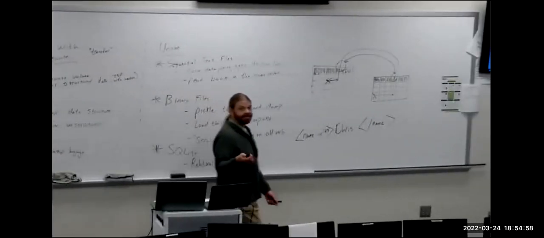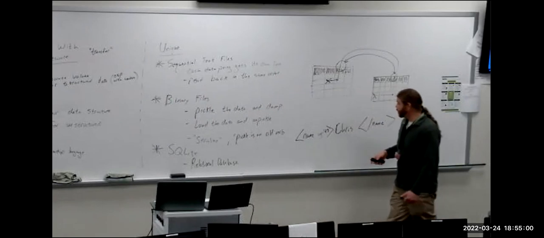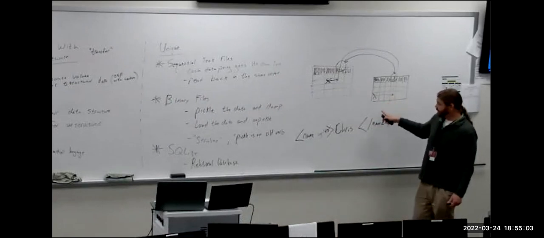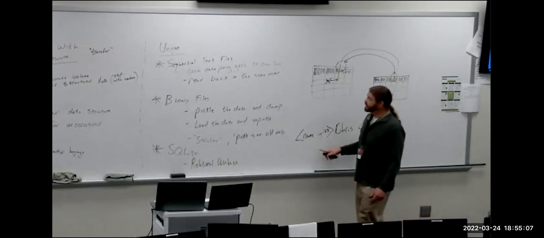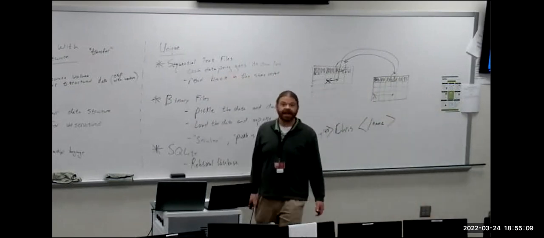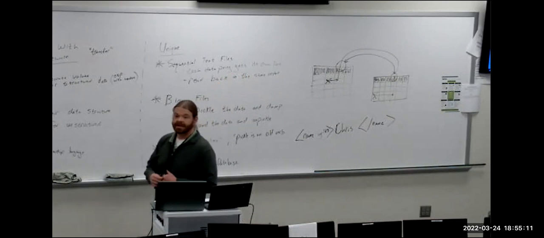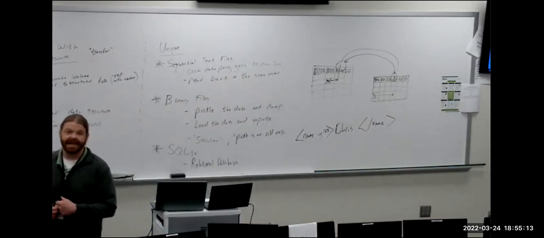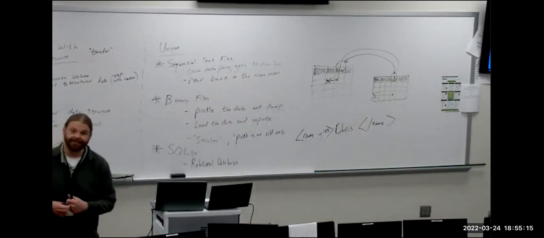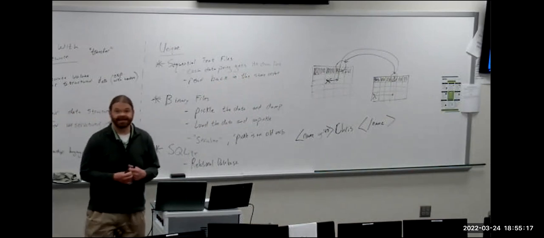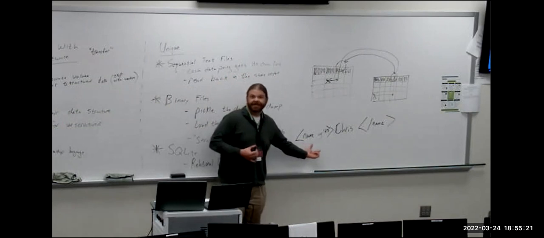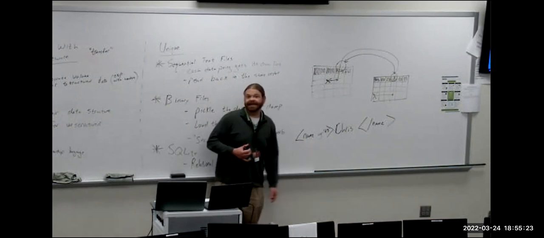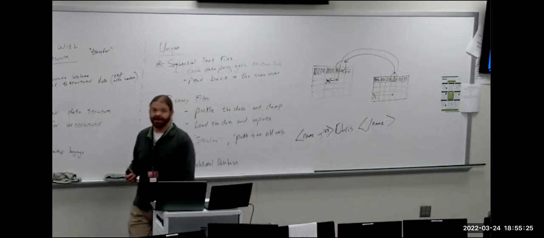And really easy for programmers to work with too, because if you have a whole bunch of these things in a sequential text file, a bunch of different tags, maybe some of them say name, some of them say city, some of them say hair color, some of them say shoe size, and a whole bunch of stuff like that, that's going to be really easy to write a selection structure for, right?